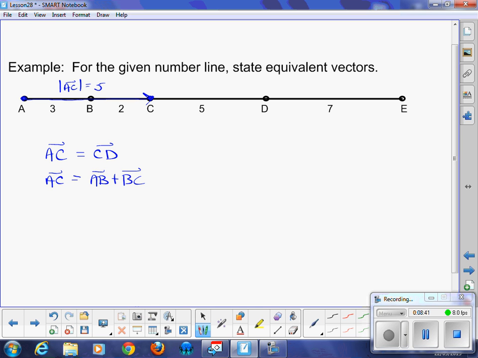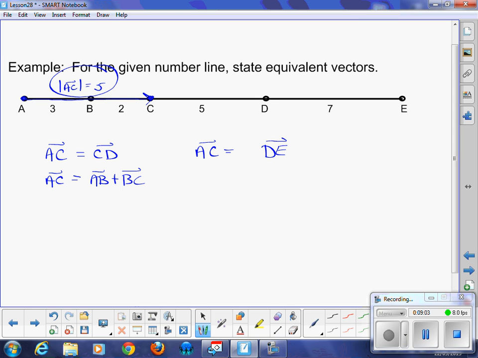What happens on a test if I force you to do this one? Vector AC is equal to DE. We know they're not the same length. So what we need to do is multiply by some fractional value to make this work. I know that AC is 5 units in length.